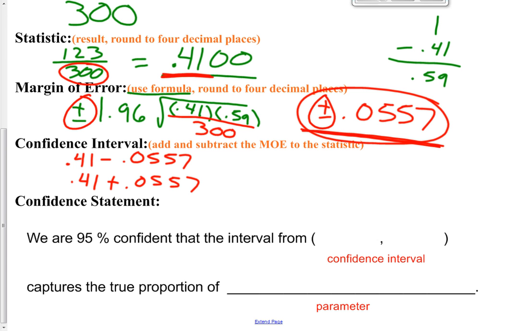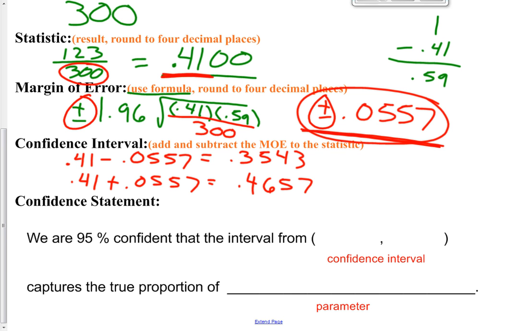You add it to the statistic, and you subtract it from the statistic. When you subtract it, you get 0.3543. And when you add it, you get 0.4657.